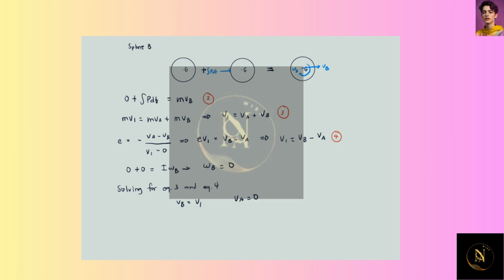Hence, our answer for letter A is: the velocity of sphere A is 0, and its angular velocity is V1 over R in the clockwise direction.